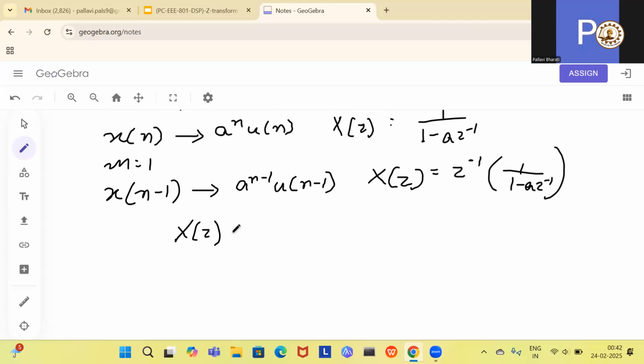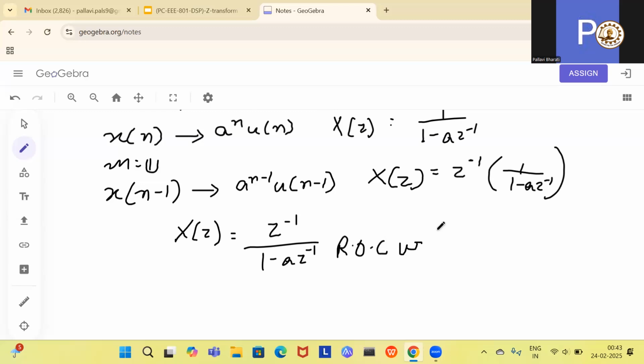X(z) is equal to z to the power minus 1 times 1 by 1 minus a z inverse. Now this m, that is 1, is greater than 0, so the ROC will be the same.